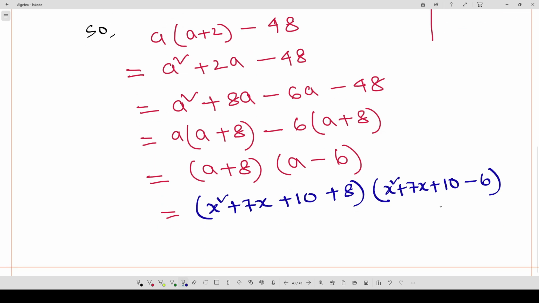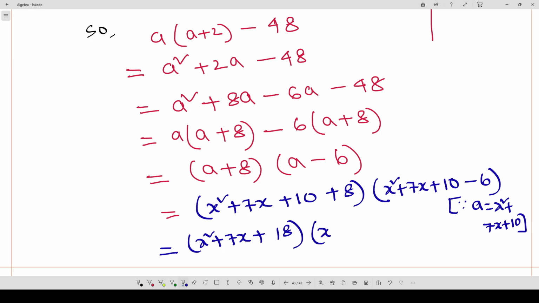We can make a side note: a equals x square plus 7x plus 10. Now our answer will be x square plus 7x plus 10 plus 8, which is 18, and x square plus 7x plus 10 minus 6, which is 4, and this is our answer.